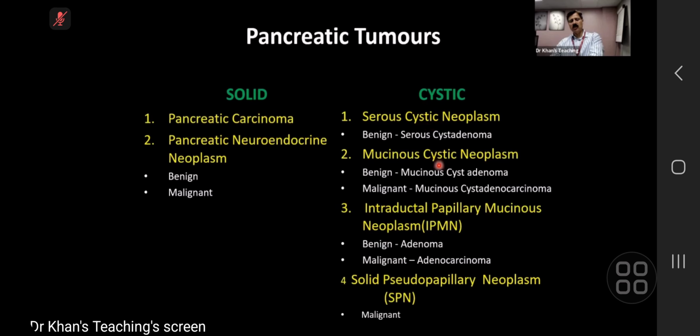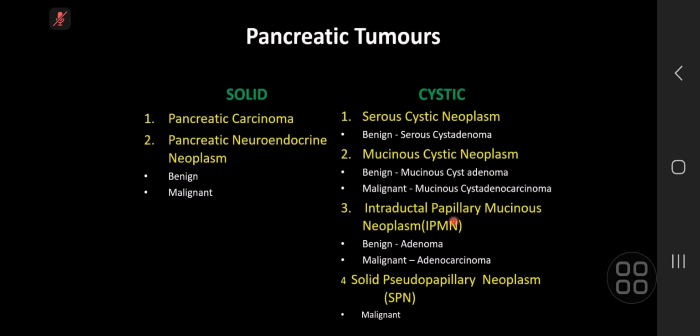Mucinous cyst is the mom tumor. It has got malignant potential. And intraductal papillary mucinous neoplasm, which can be main duct, branch duct, and mixed duct, again has malignant transformation.